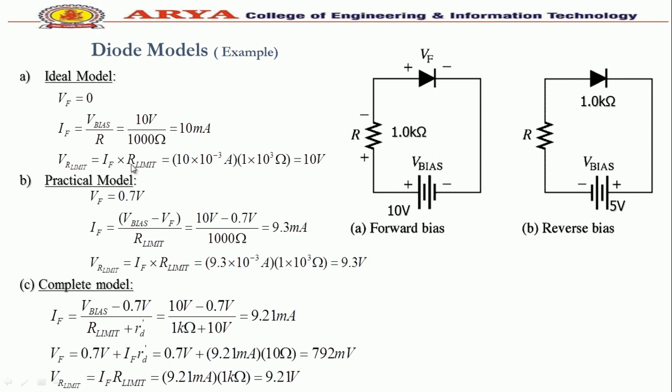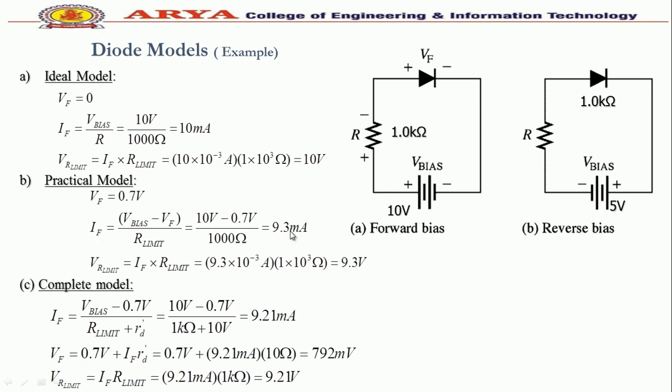Now we calculate VR limit for the practical diode model, in which VF is equal to 0.7 volt. IF across this resistance can be calculated as V bias minus VF upon R limit, that is 10 volt minus 0.7 volt upon 1K.